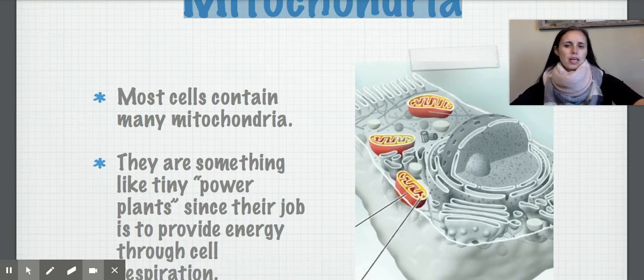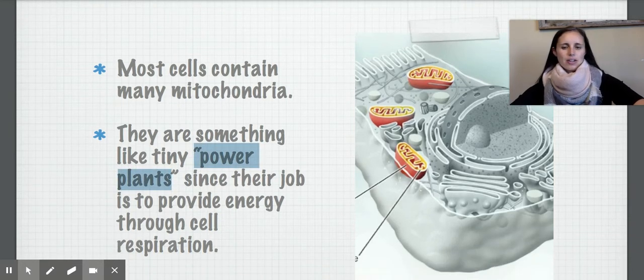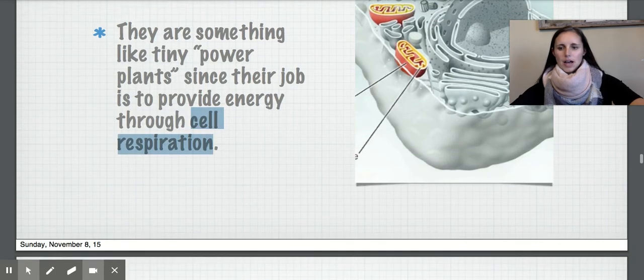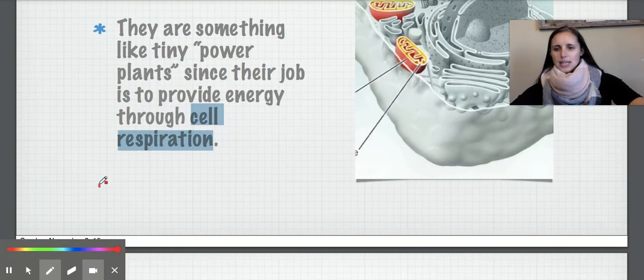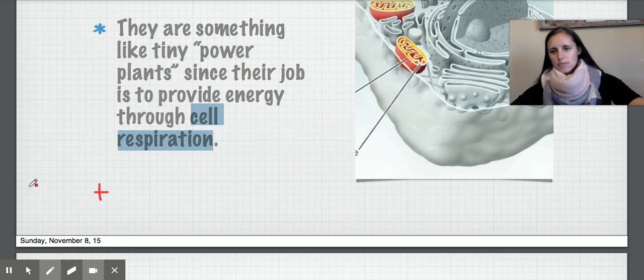We can think about them as tiny power plants. So they actually help to provide the energy for the cell through something called cell respiration. Cell respiration you actually studied in grade 9 science, believe it or not. Cell respiration is the idea that you take sugar, we call that glucose or C6H12O6, and you combine that sugar with oxygen.